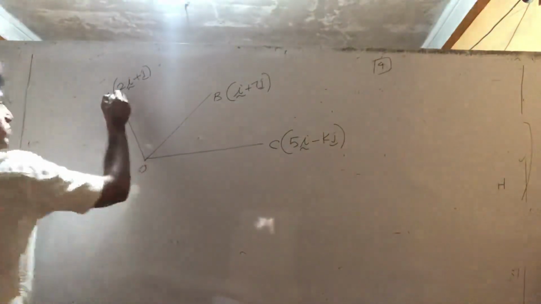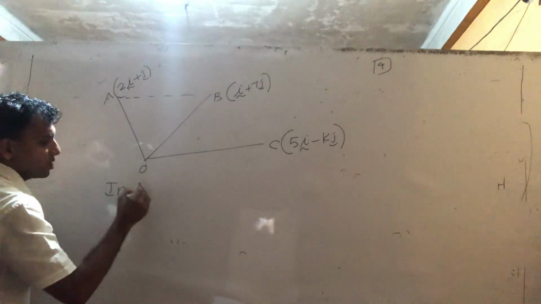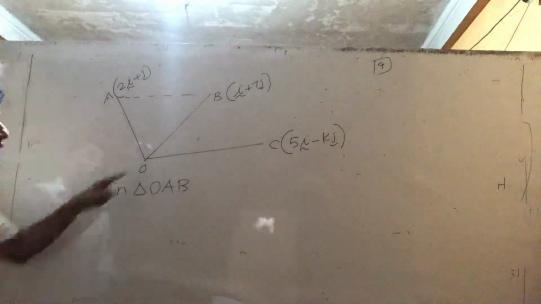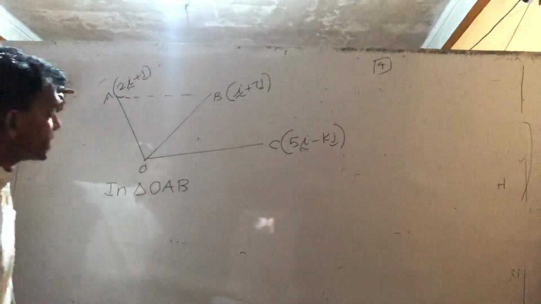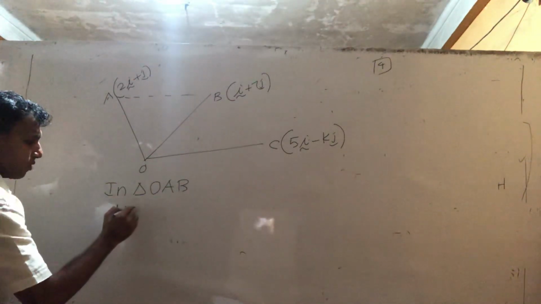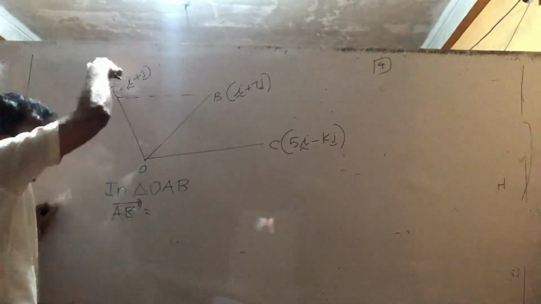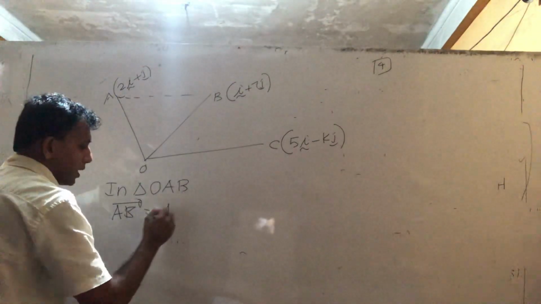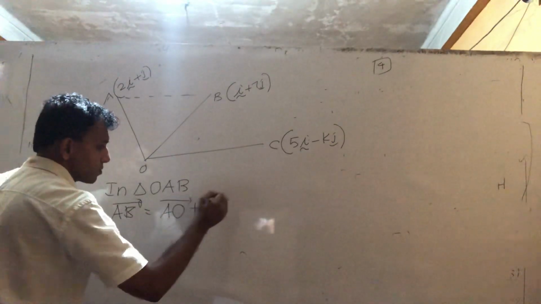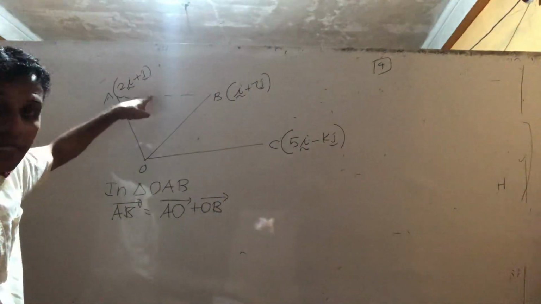So take triangle OAB. In triangle OAB, what is AB vector? AB equal what? AO plus OB. Okay, so what is AO? OA is 2i plus j.